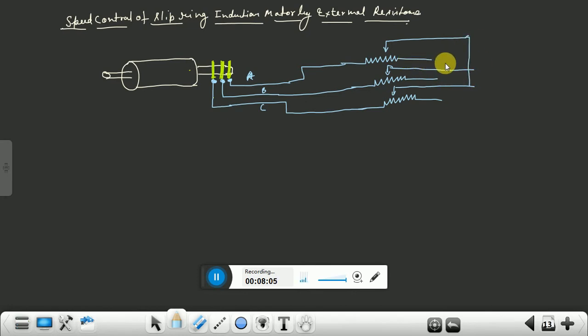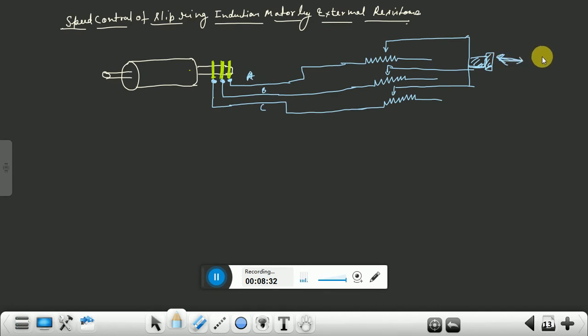So when we move this wiper from left to right, your resistance is changed here.